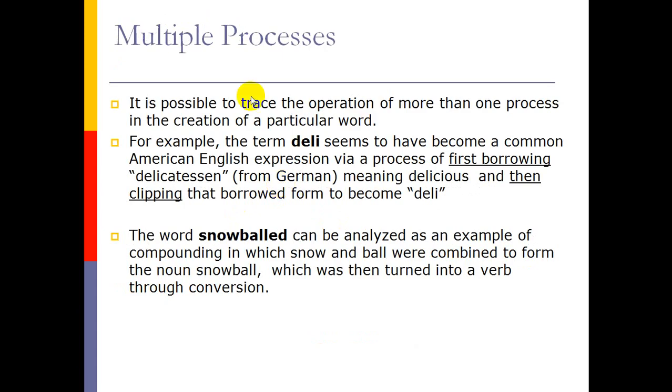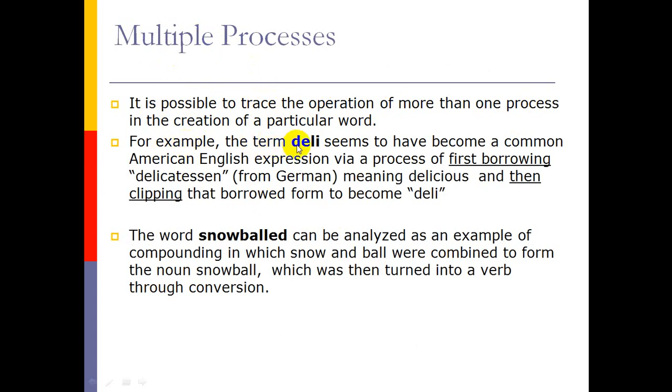Multiple processes. It is possible to trace the operation of more than one process in the creation of a particular word. So it means here that two processes are used in order to create one word.